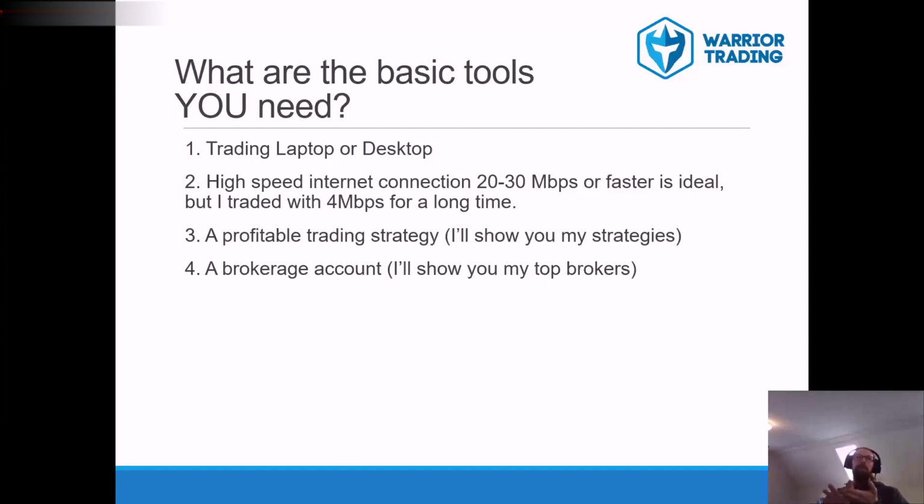Number 3, most important, a profitable trading strategy. And number 4, a broker account. But you know what? You don't even need a broker account until you have that profitable strategy. Until you've got your strategy down, the broker account isn't going to help you, right? Now, a little bit later in this class, I'm going to talk about the type of computer that you want to use as you're getting started, and I'm going to give you kind of the breakdown of the computer that I'm using.